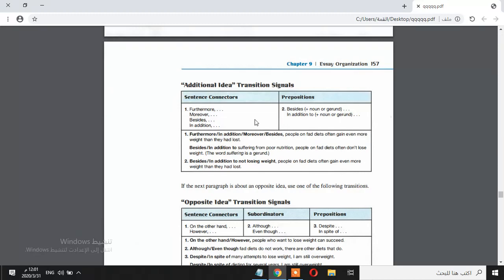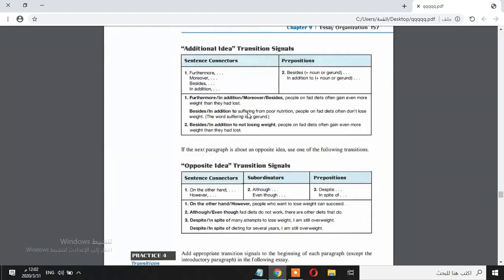We have other sentence connectors in the newer edition of this book, like likewise, also, and other adverbs. More importantly, we have additionally, similarly, likewise, and so on. You need to consult your dictionaries to see how these can be used.